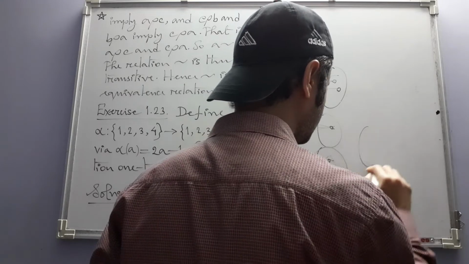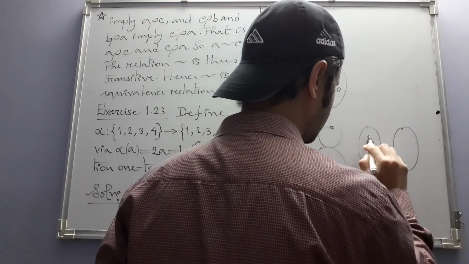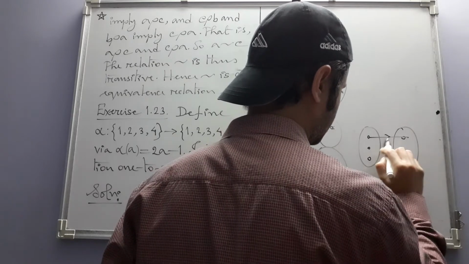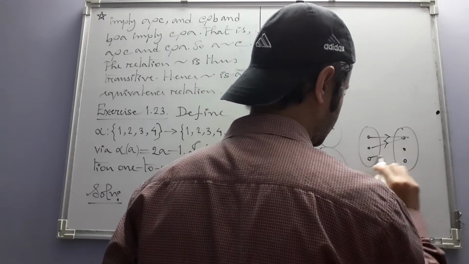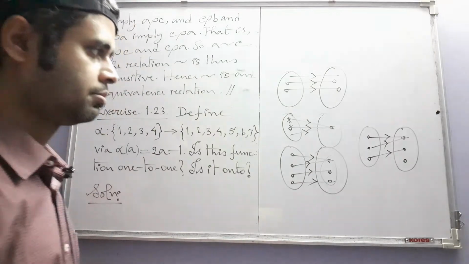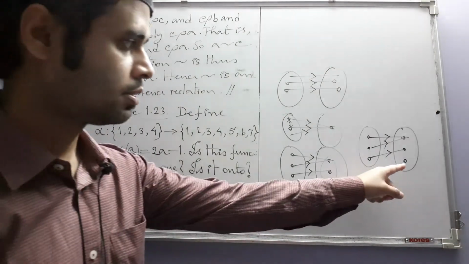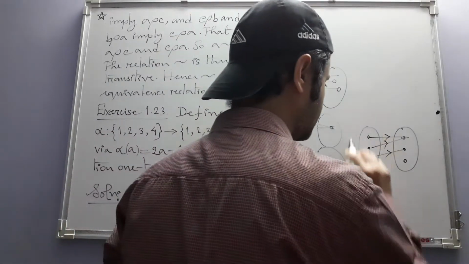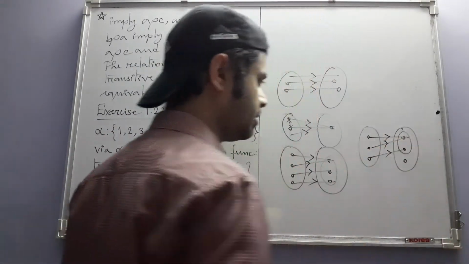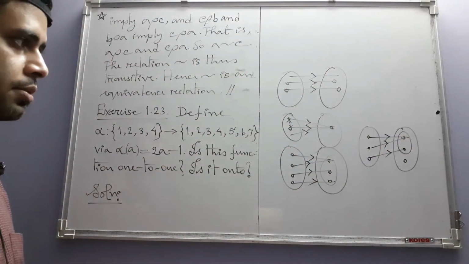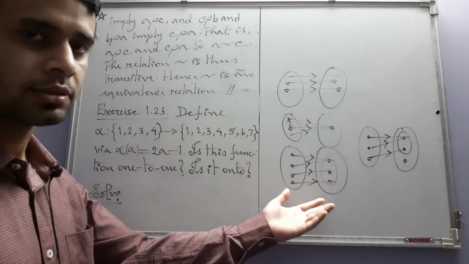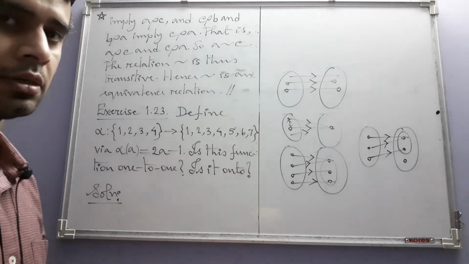However, this function is not onto because this single element has been left out. Here, the shadow of the domain is only this much. You can of course understand that these are sets and these dots represent elements.